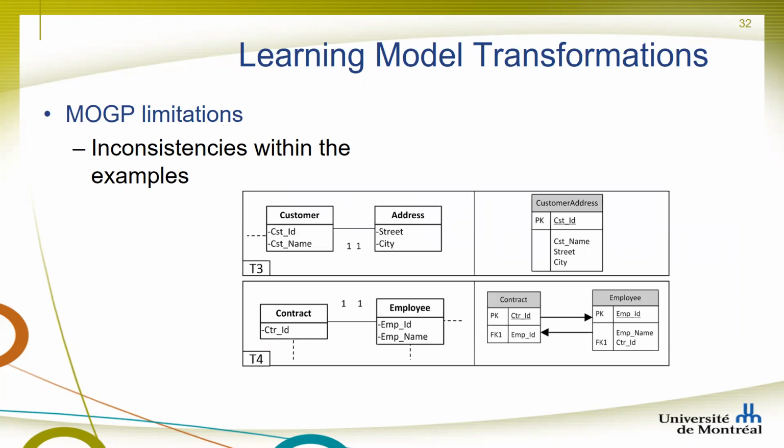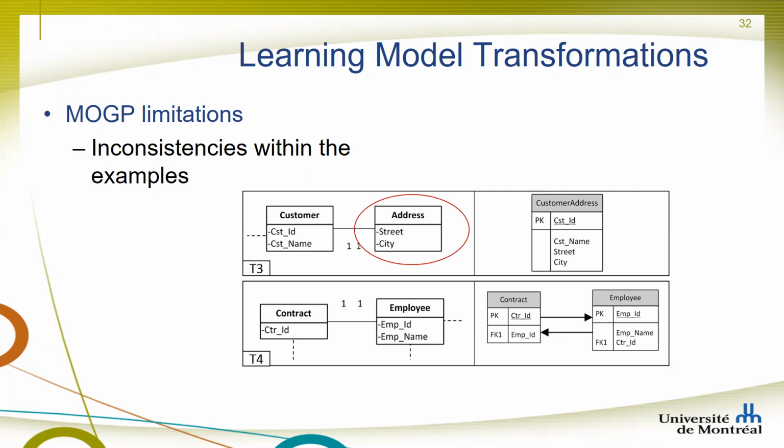Sometimes it's even more complicated. We have a one-to-one between two classes. In one case, we create a table by concatenating the two. In the other case, we have one table per class and some link between the tables. So what is the difference between the two? Why in this case do we have this one, and in the other case a different one?